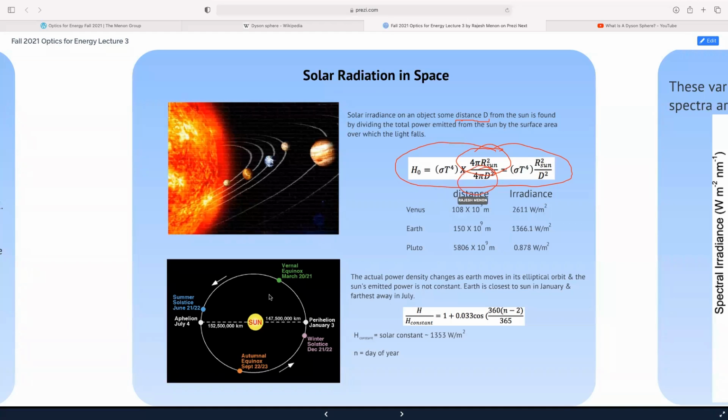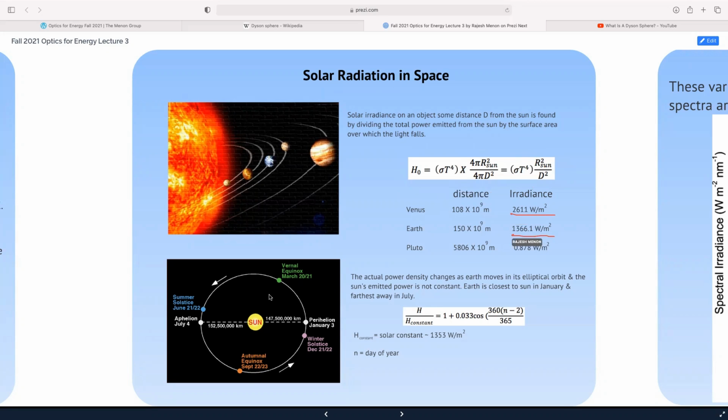The bottom term is the area over which the energy is spread, 4 pi D squared, where D is the distance. So it's simply the ratio of the radius of the sun to the distance from the sun, squared. A simple scaling. If you do this, Venus gets something like 2,611 watts per meter squared.